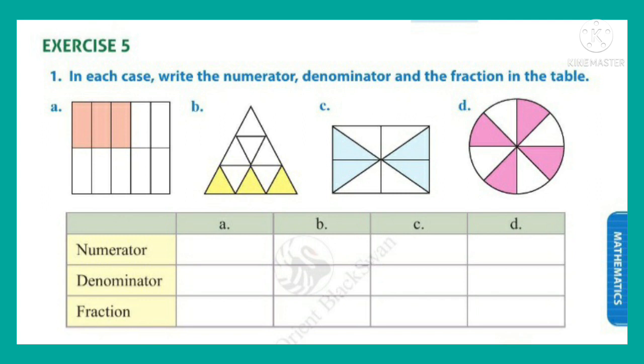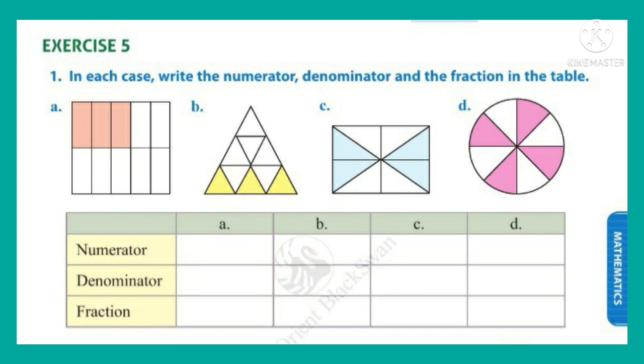The question is, in each case, write the numerator, denominator and the fraction in the table. So we have to write the numerator, denominator and fraction for these figures given. See the first figure. How many equal parts are there?